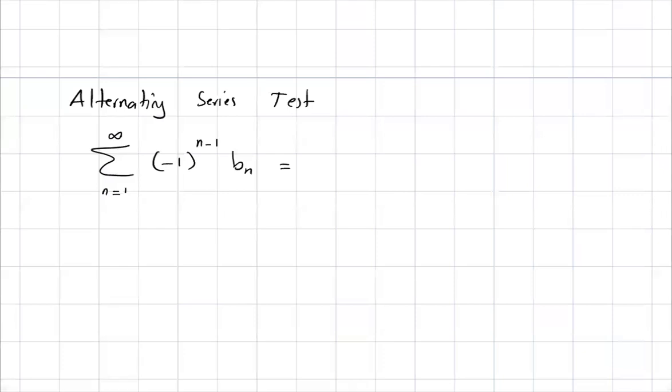When n is equal to 1, you get (-1)^0 b1. When n is equal to 2, you get (-1)^(2-1), which is (-1)^1, b2, plus, when n is equal to 3, you have (-1)^2 b3, plus the rest of the terms.